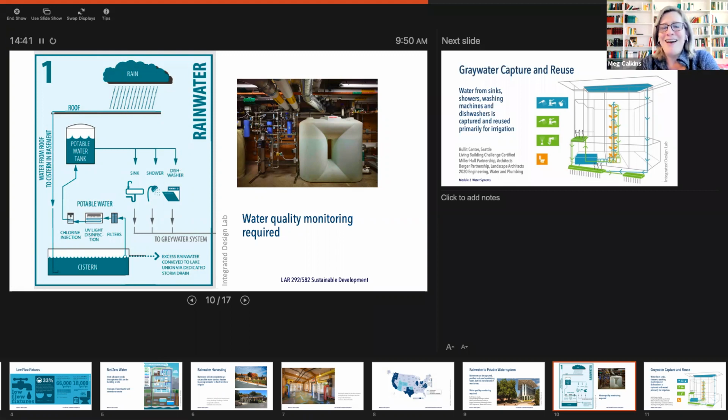Once again, this is not an inexpensive process because water quality monitoring is required, and it is monitored every single day by a professional wastewater engineer. So this will be a booming business. I imagine that a professional wastewater engineer travels around testing water at any sites that are using potable water.